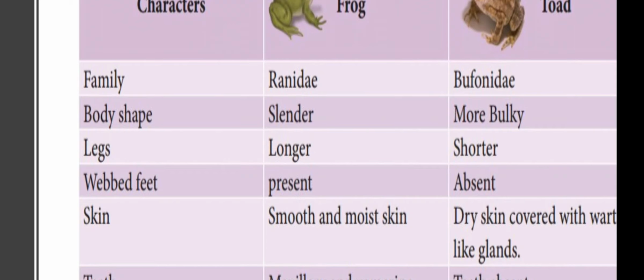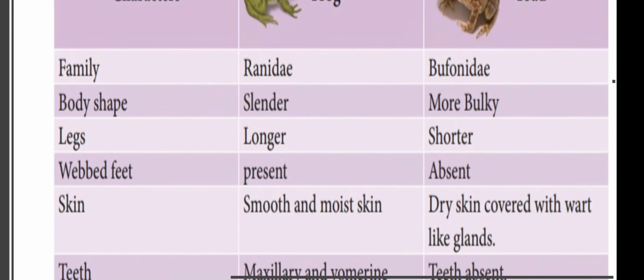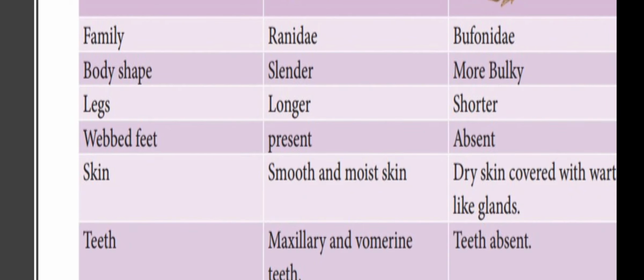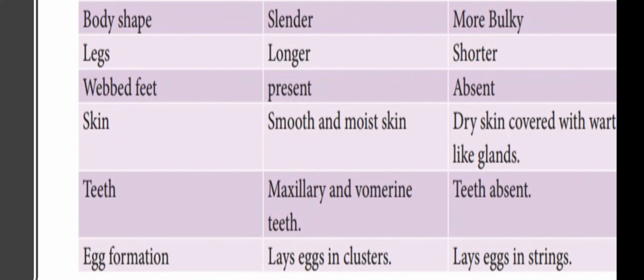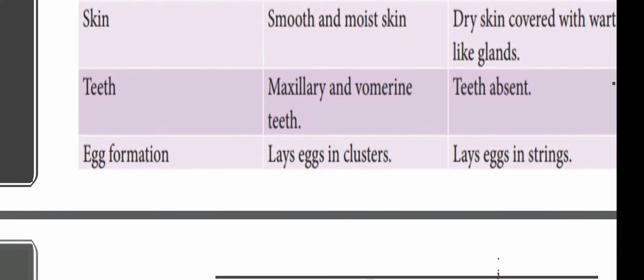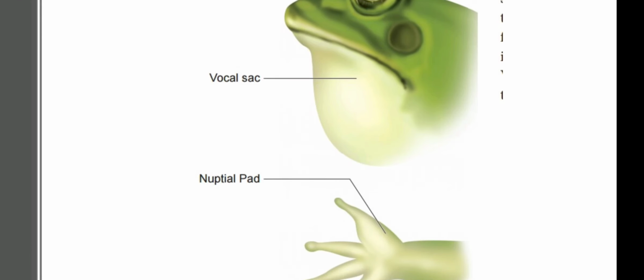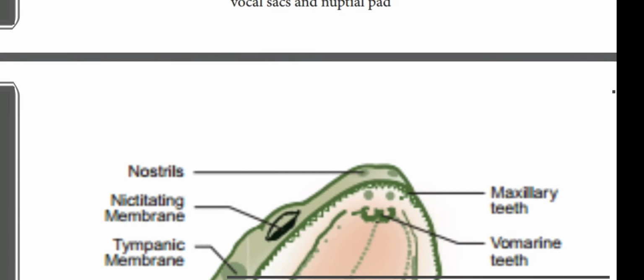Skin: smooth and moist in frog, dry skin covered with gland-like warts in toad. Teeth: maxillary and vomerine teeth are present in frog, in toad teeth are absent. Egg formation: frogs lay eggs in clusters and toads lay eggs in strings.